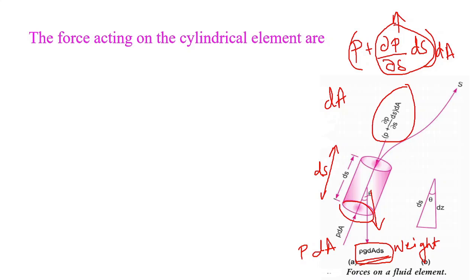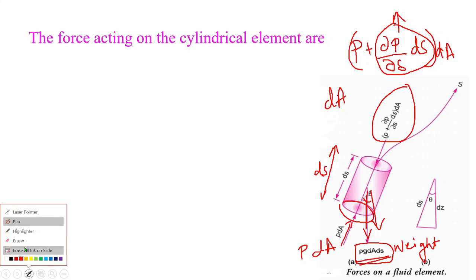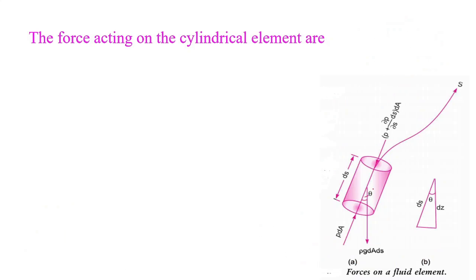Rho g tells the weight per unit volume, so the weight of the cylindrical element is rho g dA ds. The angle between the weight of the element and the direction of flow is called theta. So it is the angle between the direction of flow and the line of action of the weight of the element.